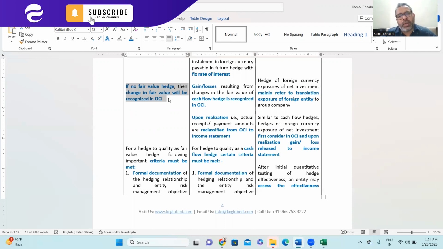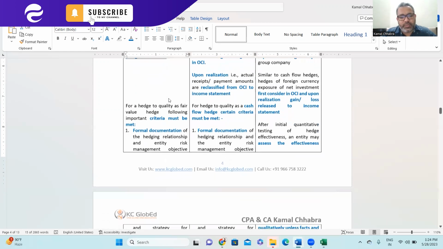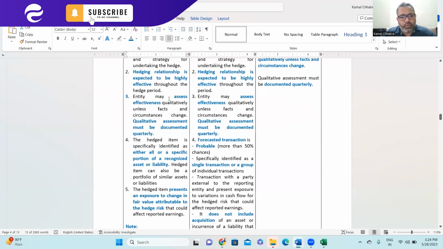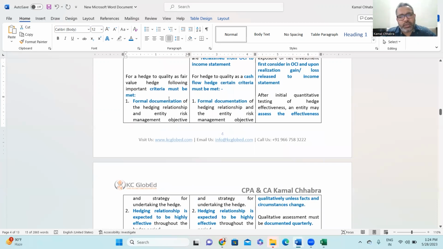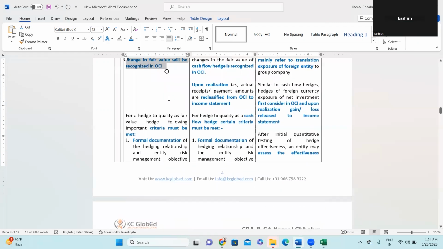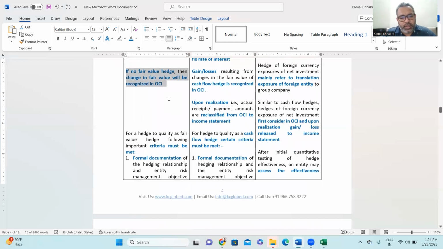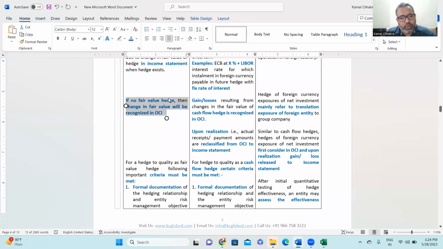But if it is covered under the fair value hedge and meets the criteria like these 1, 2, 3, 4, 5, then it would be considered a fair value hedge, and the profit or loss will go to the income statement. If the asset or liability does not meet fair value hedge criteria, then the gain or loss will go to other comprehensive income first.